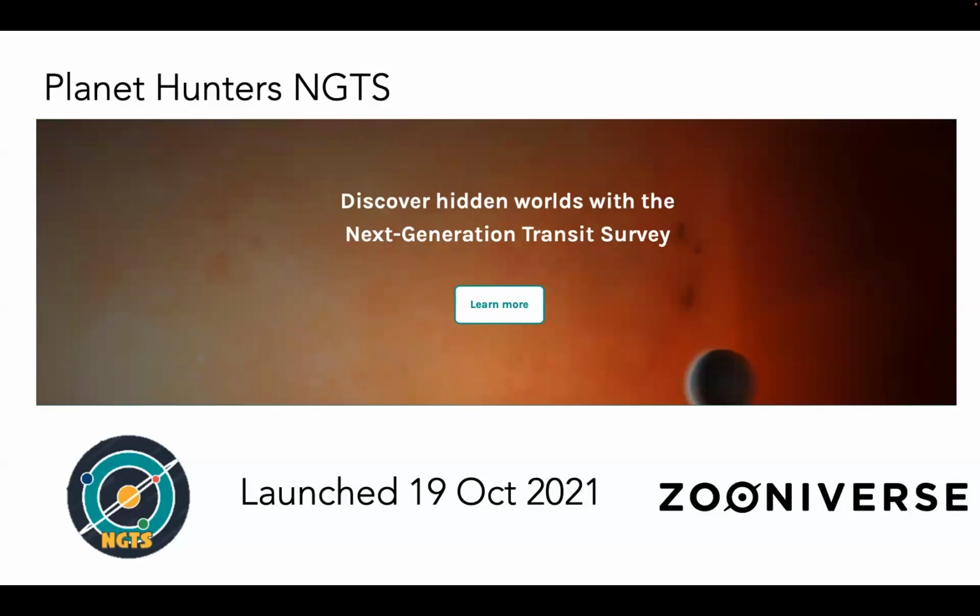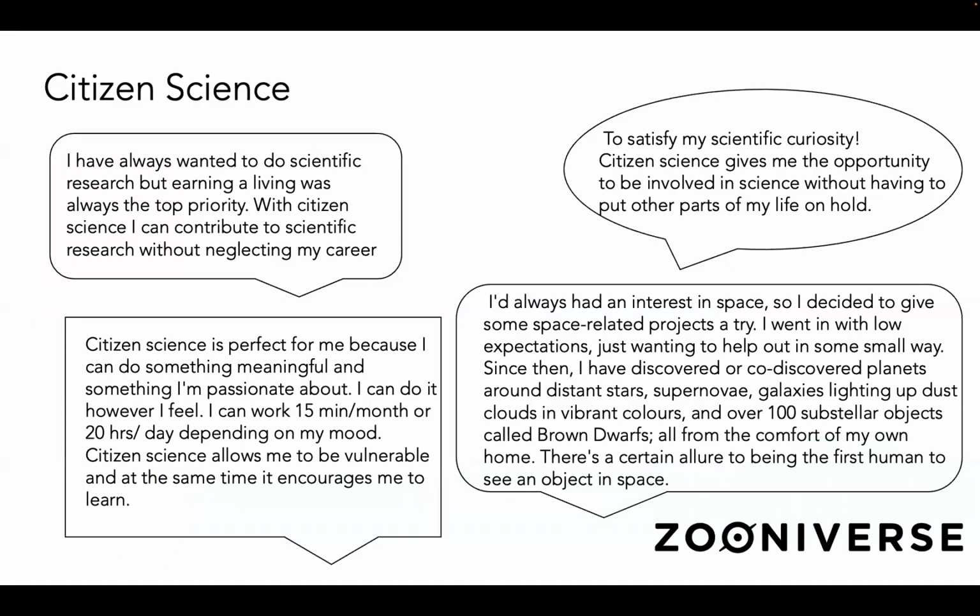And when we launched, I gave a talk at the National Space Centre in the UK about citizen science in general, and I asked citizen scientists from the Backyard Worlds project, another project I worked on, what they thought about citizen science. And I really like this slide. I think it's really, really instructive about the people who are involved in citizen science.